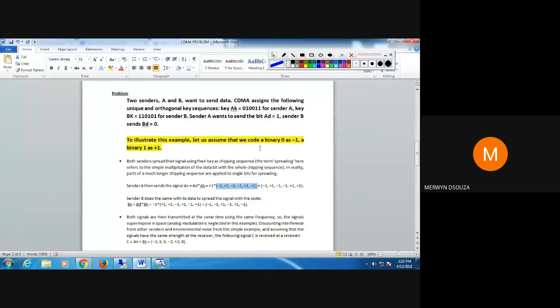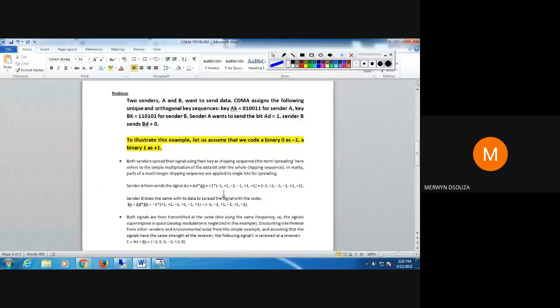First, like we had discussed in the diagram, for station A you have to find the dot product of the data and the key. The data that station A is sending is 1. When you replace it, it becomes +1. So you will find the dot product of +1 with the key of A. Call the answer AS.